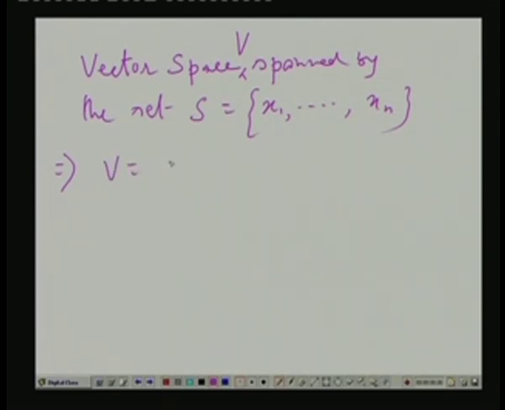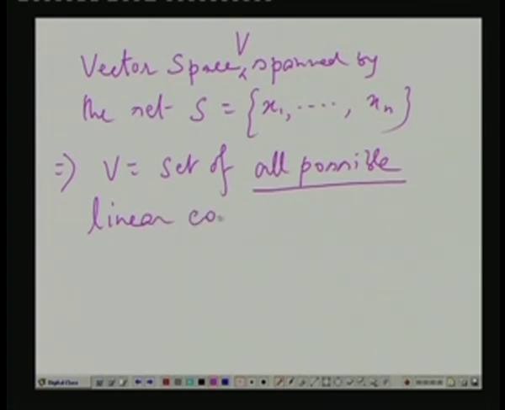That means, V is the set of all possible linear combinations of the elements x1, x2 dot dot dot xn.